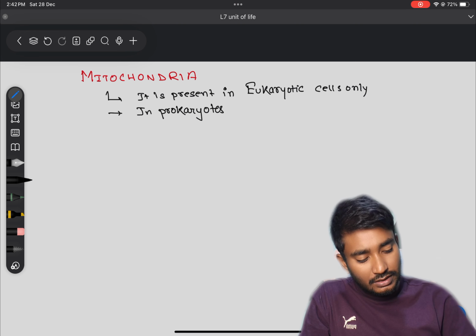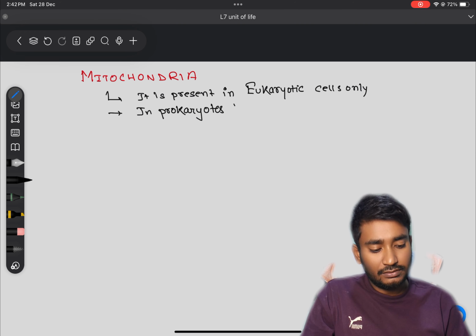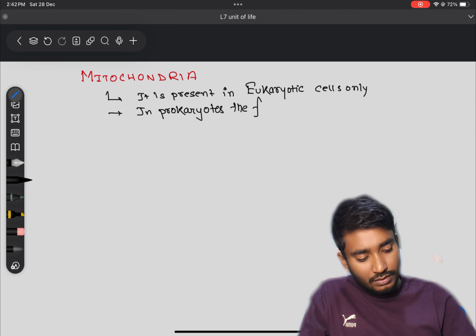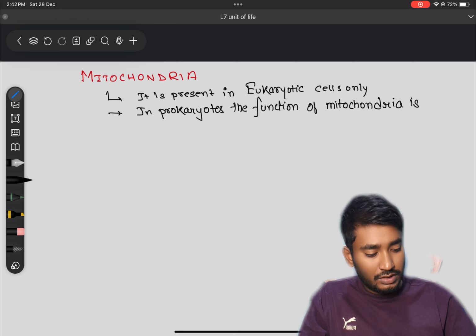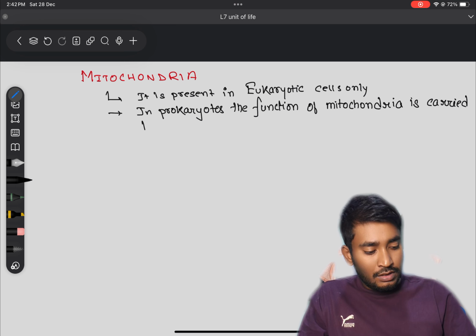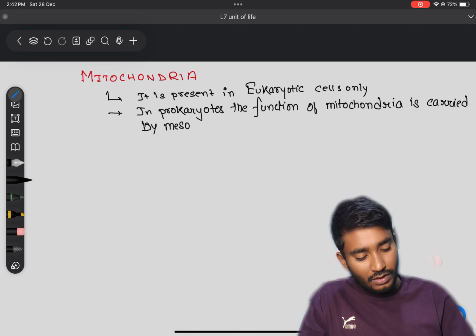In prokaryotes, the function of mitochondria is carried by mesosome.